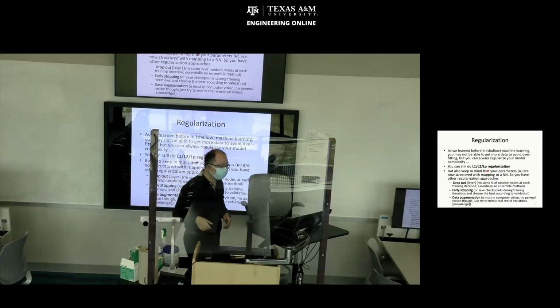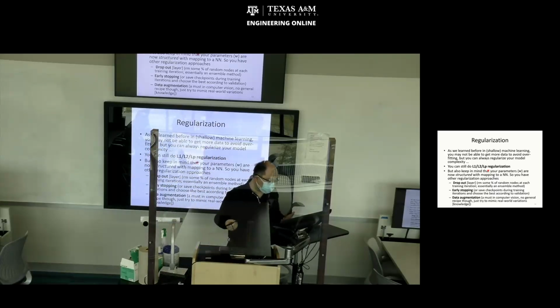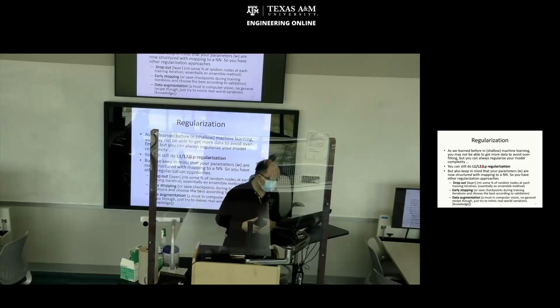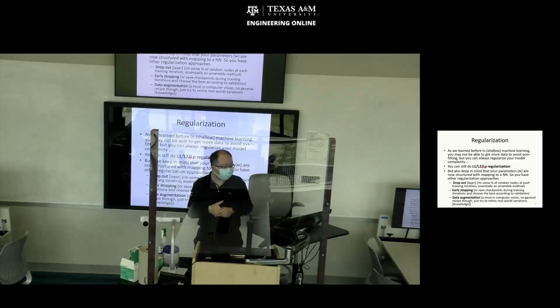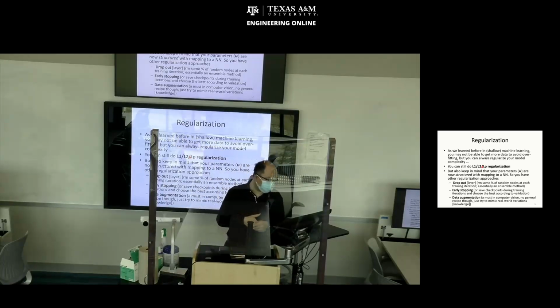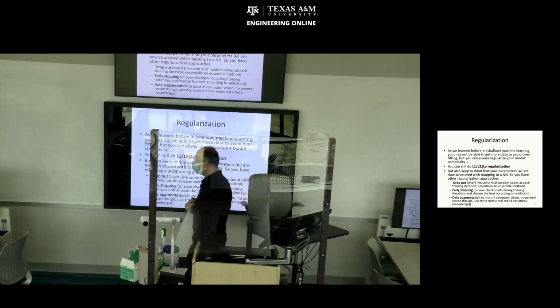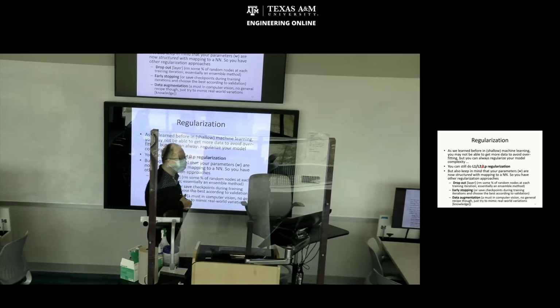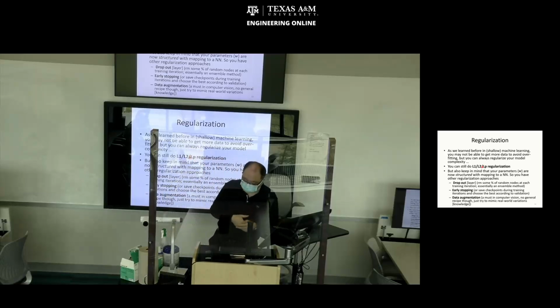By regularizing the length or the size of the parameter weight vector, you can regularize the model complexity. In neural networks, you can still include L1, L2, or LP norm in your loss function.